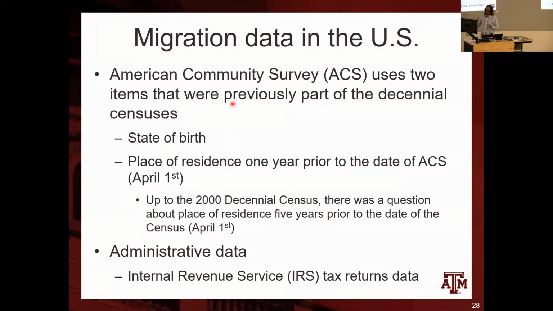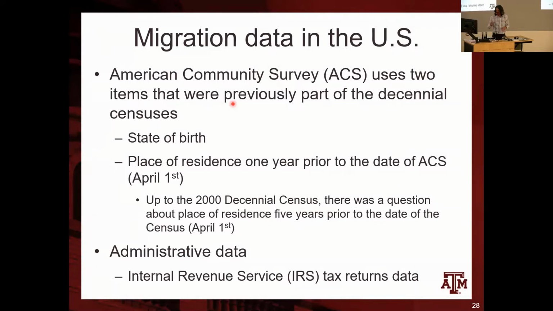If the person exactly on April 1st, 2018 was living in College Station, and then moved somewhere else within this year, and then came back to College Station, that person is going to be a non-migrant. We are going to lose this migration stage in between these months, within this year.